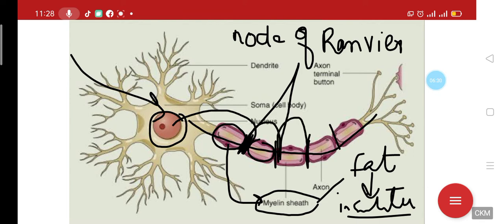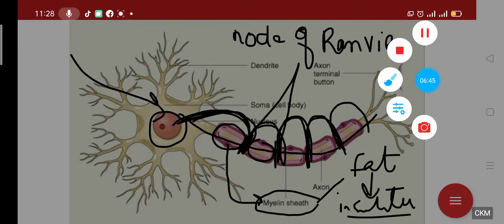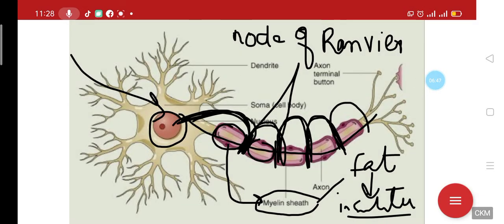The message jumps over the myelinated part and travels from node to node, because the myelin sheath is an insulator and is not going to conduct the message. So that's why the message transfers from node to node.